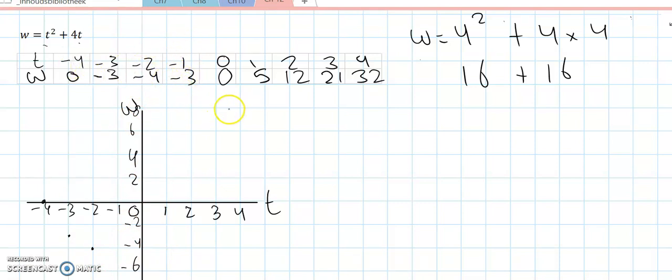So the first one has the coordinates -4, 0, because this is the t coordinate and this is the w coordinate. And then you can plot the points. Okay, and then we get -1 has -3 again. So you can see the shape of the parabola already. 0 and 0, 1 and 5, and 2 and 12, that's already out of sight.